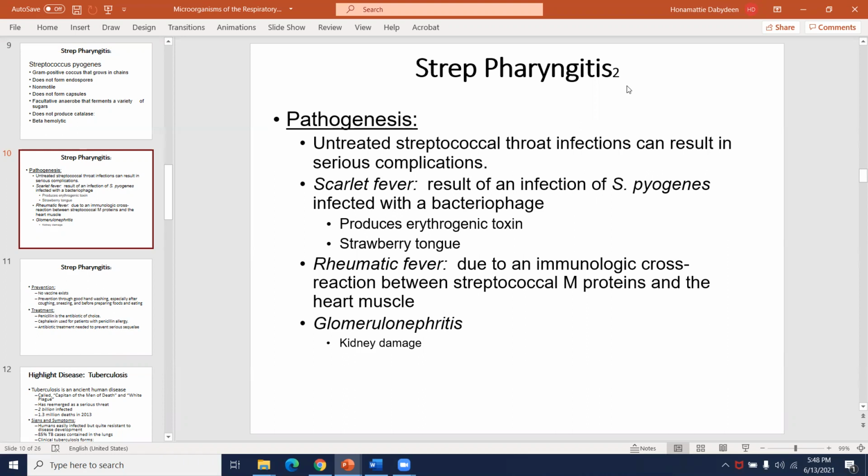Specialized polysaccharides on the surface of the cell wall of these organisms prevent the organism from being dissolved by lysosomes. That's good for the organism, very bad for you. Another thing I should mention is lipoteichoic acid that contributes to the adherence of this organism to cell.